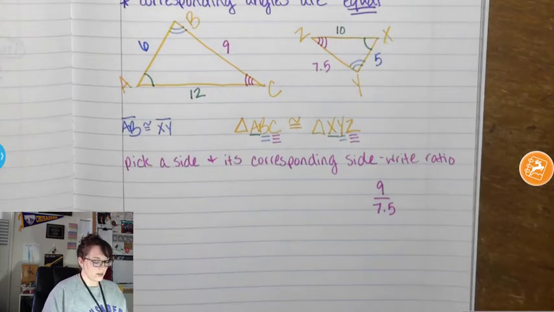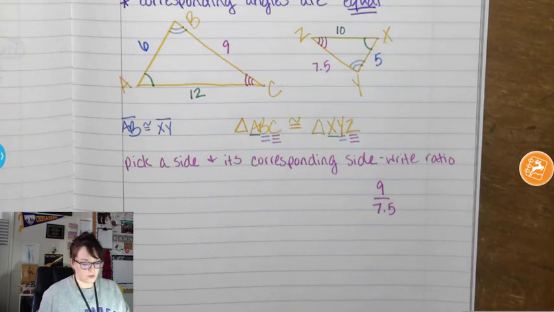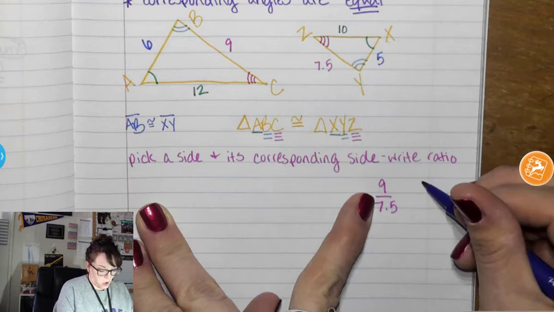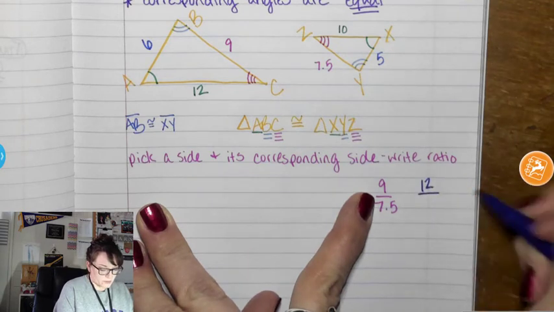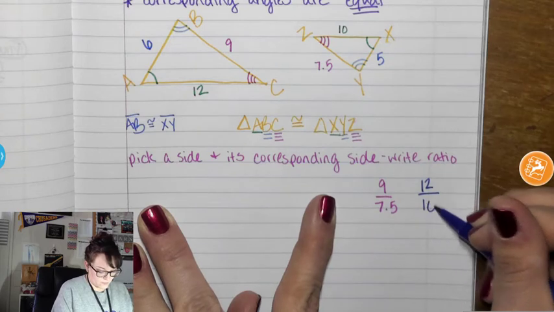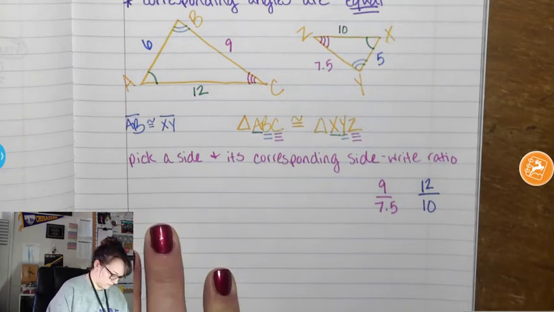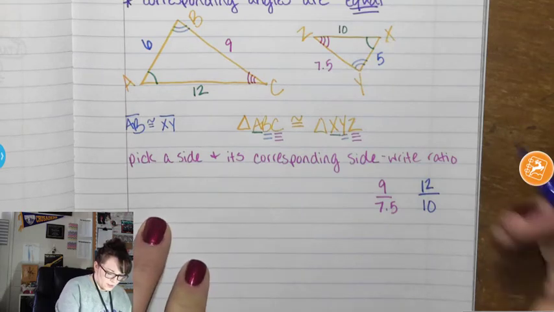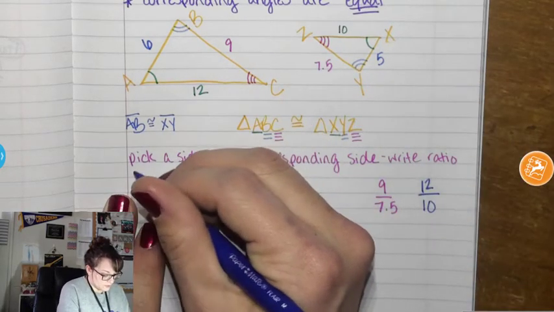So pick another number besides 9. Okay? And then what is 12's corresponding side from over here? All right, so you're going to repeat.